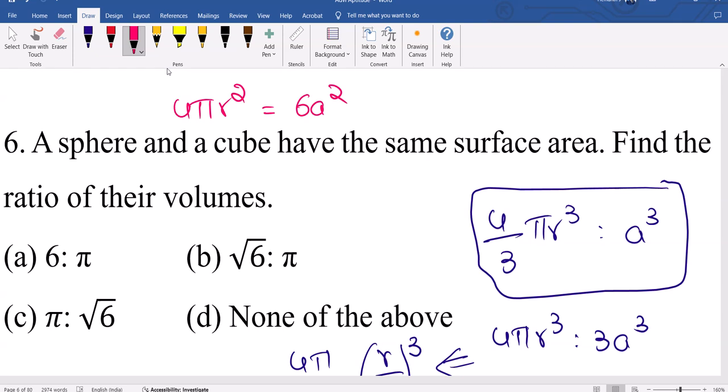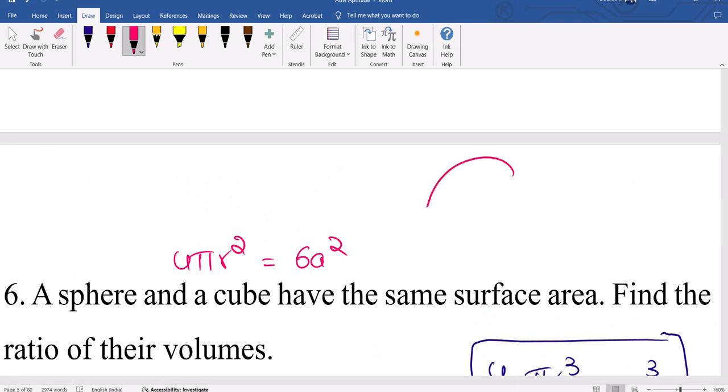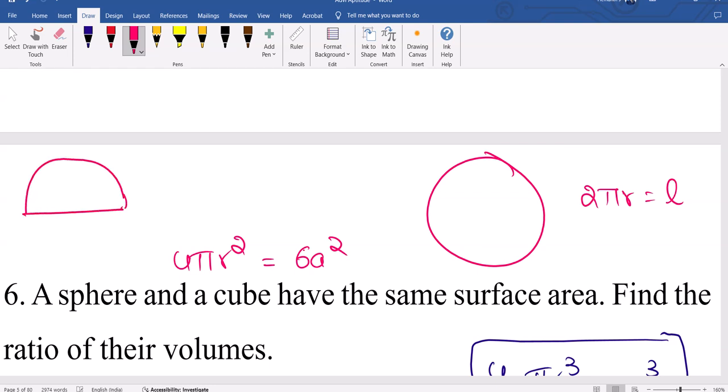Let me discuss in terms of a circle. What is the circle circumference? 2 pi r. Now the semicircle circumference. Circle you said 2 pi r. Excellent. Now I am asking regarding the semicircle. It is pi r plus 2r.